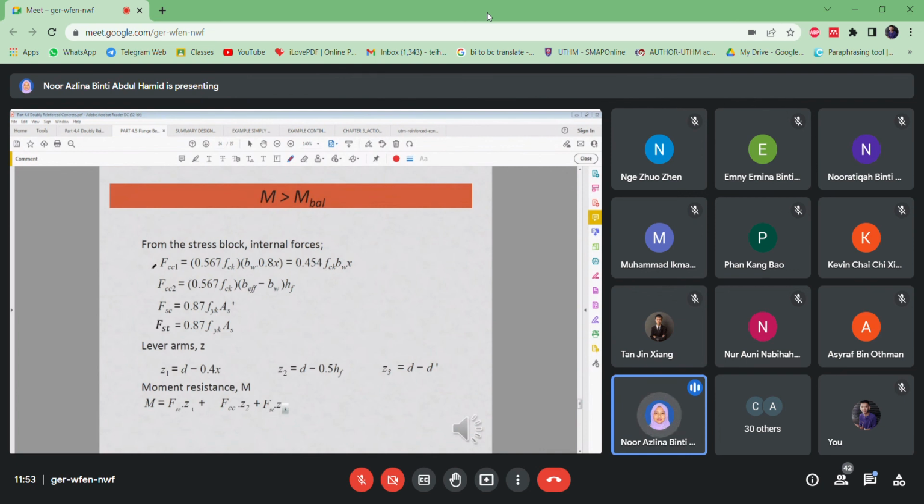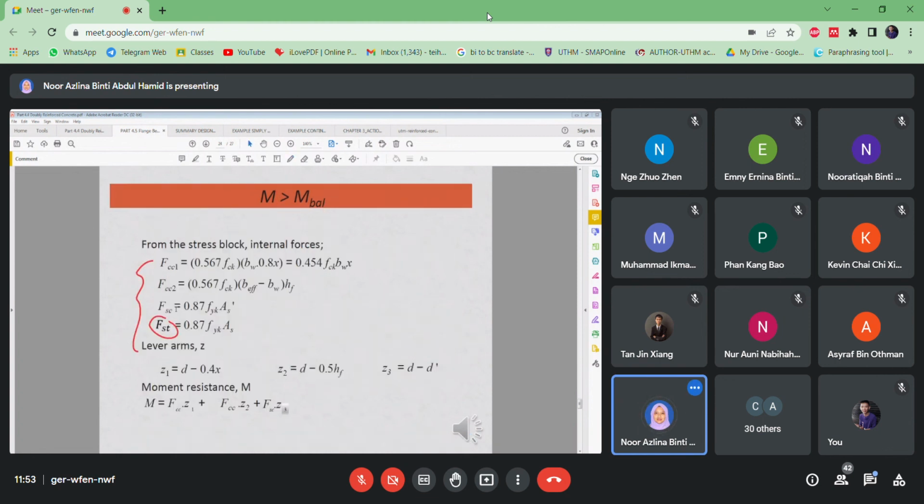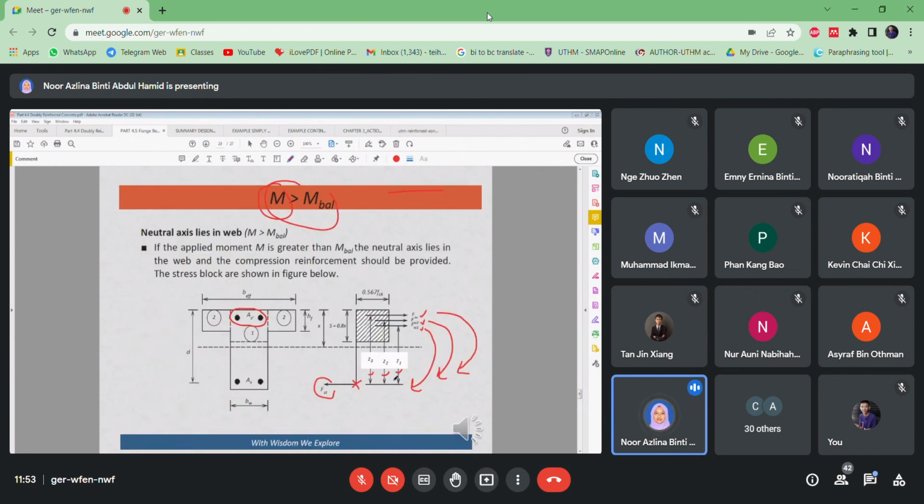So you will have all of these forces, including the force for the tension reinforcement, which is FST. This is FST. That makes four forces altogether. So these are all the internal forces, with all the Z here, and then the moment resistance for all the three forces, if you calculate the moment resistance at this point here.